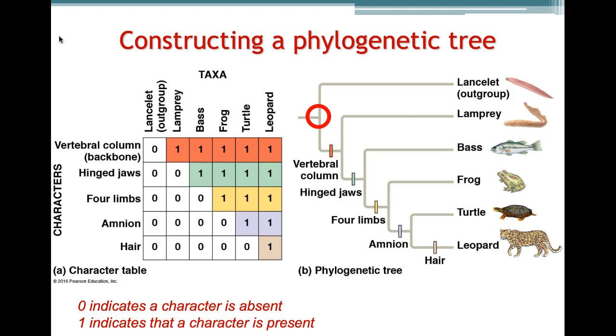The outgroup, again, is a distantly related ancestor, if you will. It's not really related to the other organisms that are being provided. It was separated from the group a really, really long time ago.